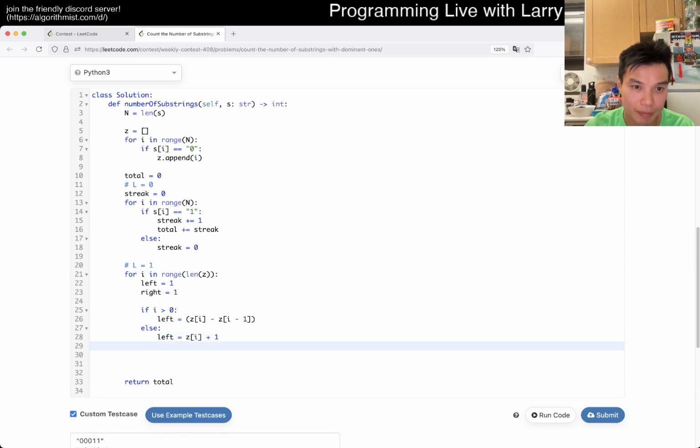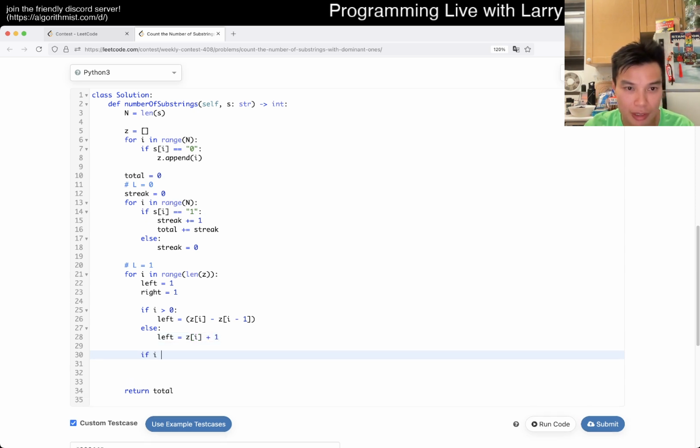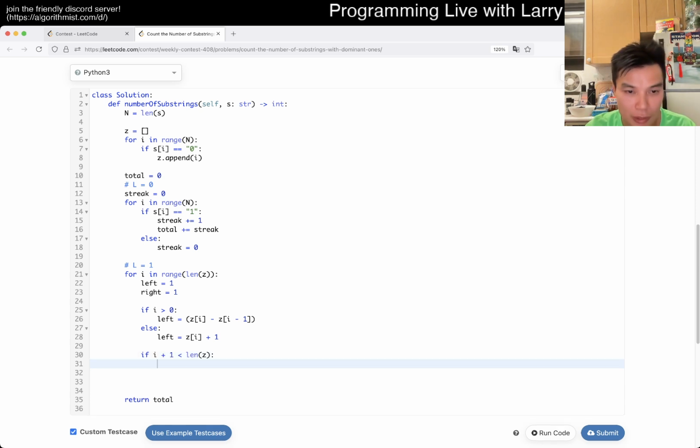Okay, fine. If I is less than length of Z, and that's always going to be true. I meant, yeah, okay. Then right is equal to I plus 1.